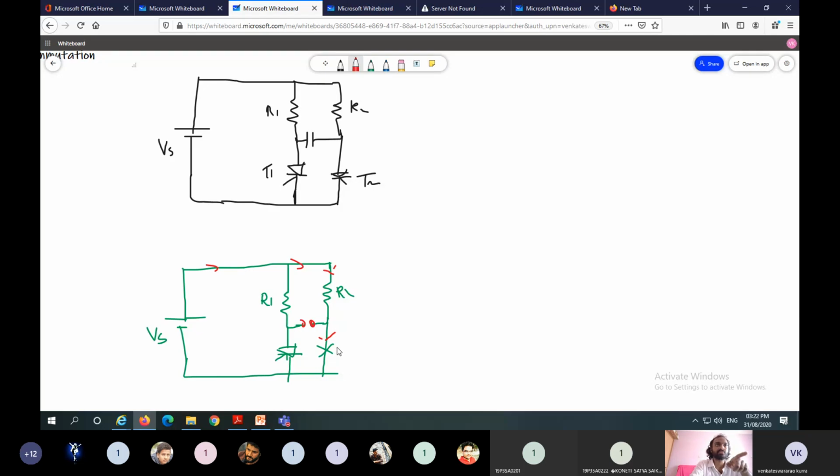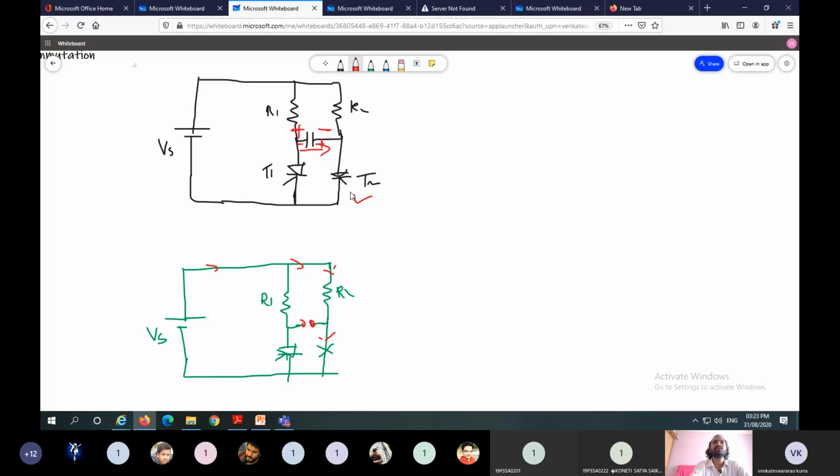Before turn-on of T2, the voltage across the capacitor is like this. Once the SCR is turned on, the polarities of the capacitor are like this.